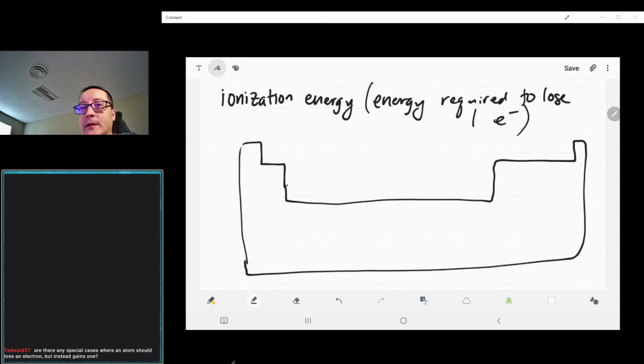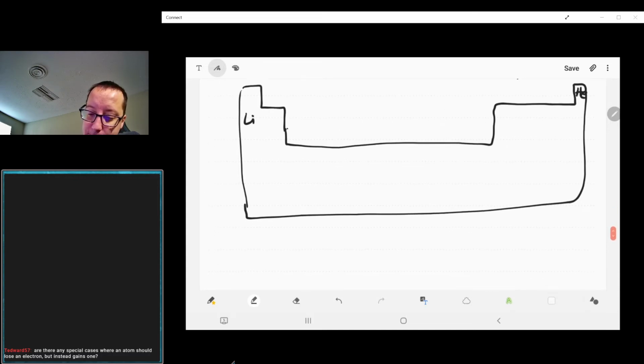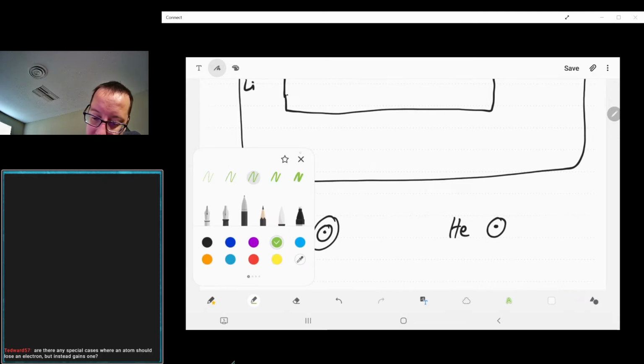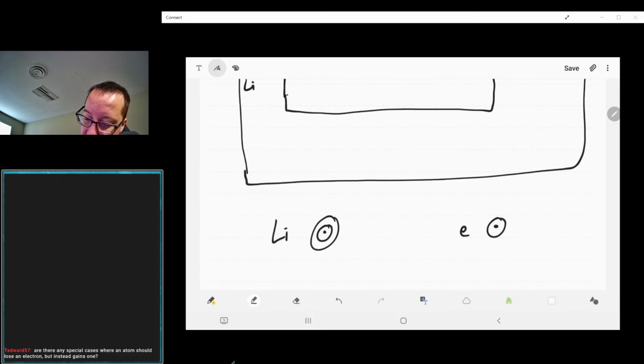And so, let's go ahead and take some examples. Let's do lithium and helium. Actually, let's do neon instead, just for the comparison.